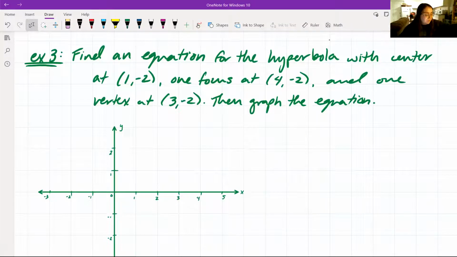So now we want to find an equation for the hyperbola with the center at 1 comma negative 2, one of the foci being at 4 comma negative 2, and one vertex being at 3 comma negative 2. Then we're going to go ahead and graph our equation.